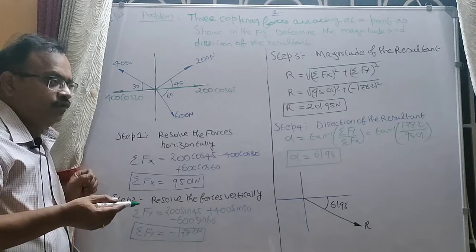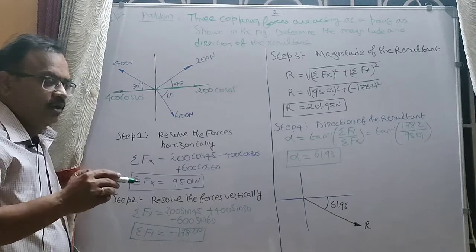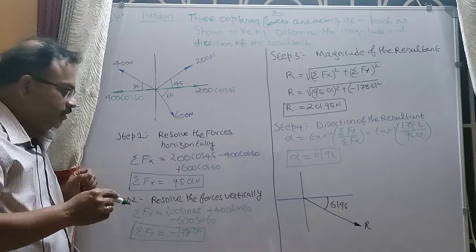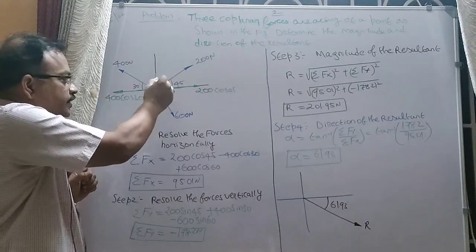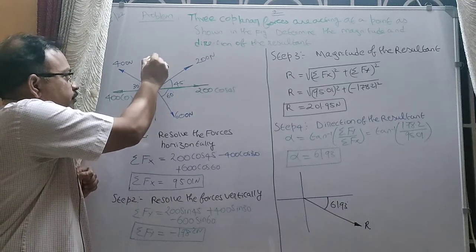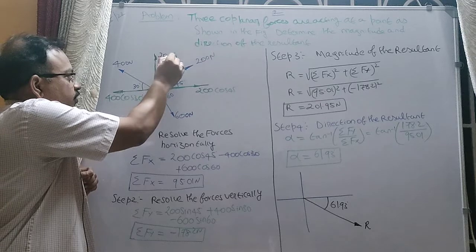Now we are going to resolve all the forces vertically. To resolve a force into its vertical component, it is the magnitude of the force times the sine of the angle made by the force with the horizontal. For the 200 Newton force, resolved vertically, it will be acting upwards, so it will be 200 sin 45.